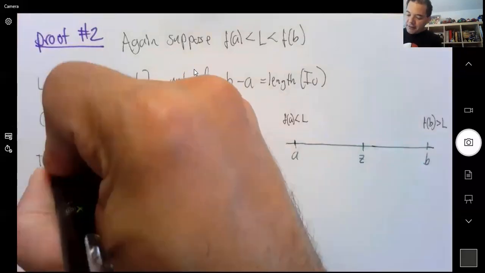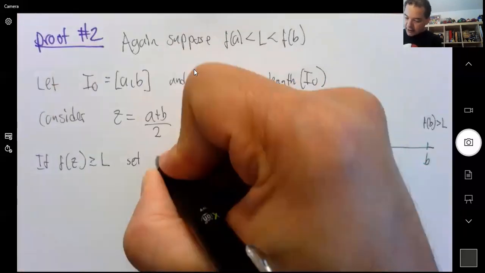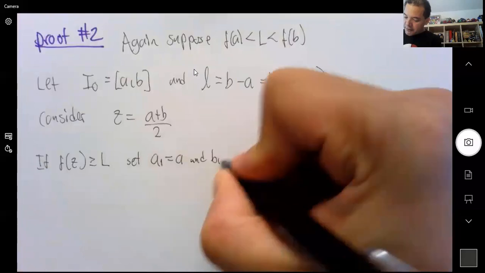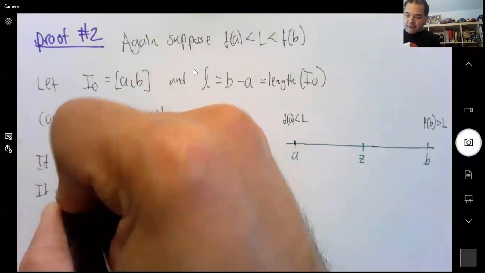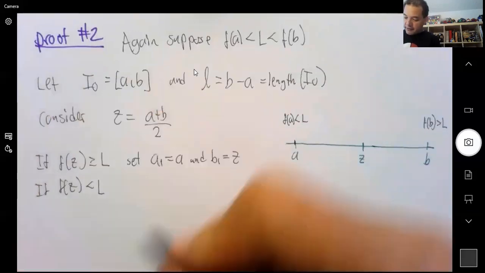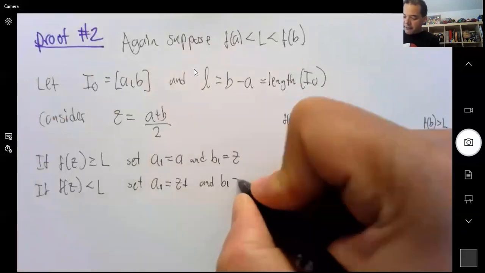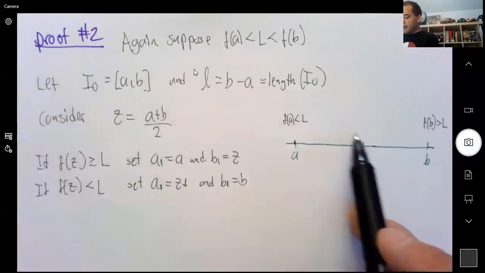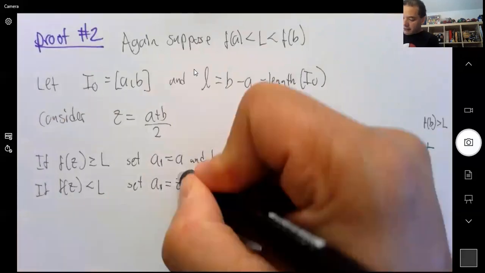If f of C is greater than or equal to L, set A1 equals A and B1 equals C. And if it's the other way around, if f of C is less than L, then set A1 equals C and B1 equals B. In other words, if f of C is greater than or equal to L, then we're going to pick the left one. And if it is less than L, we're going to pick the right one.